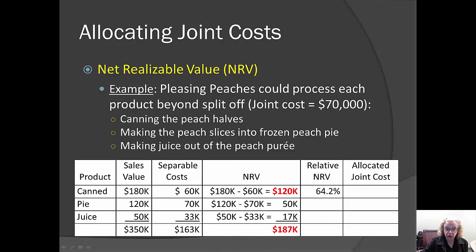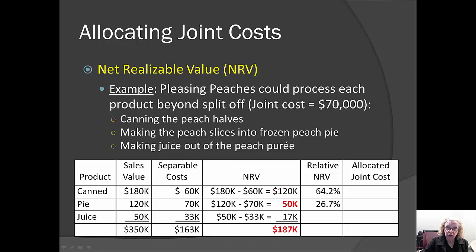The canned peaches represent $120,000 out of the total of $187,000. They represent 64.2% of the total net realizable values.